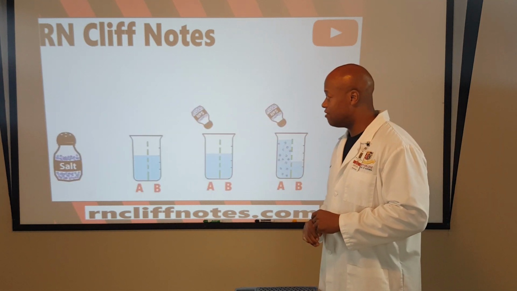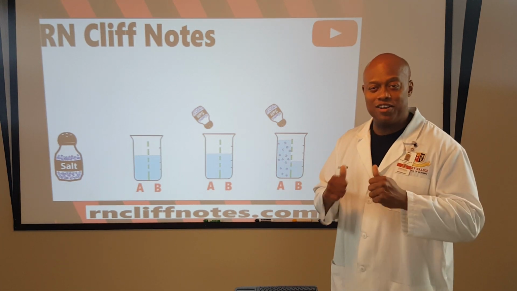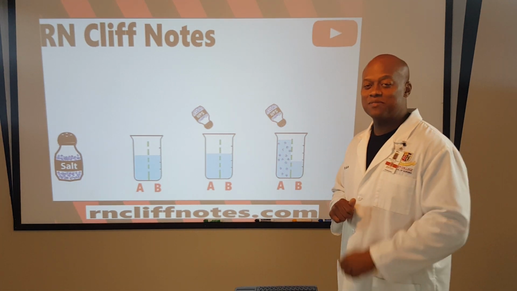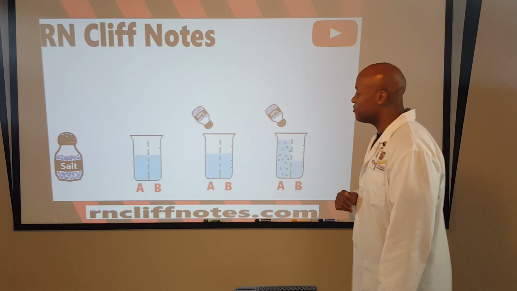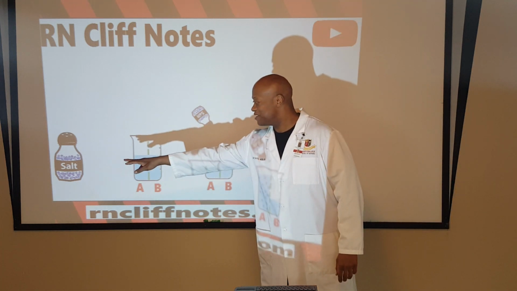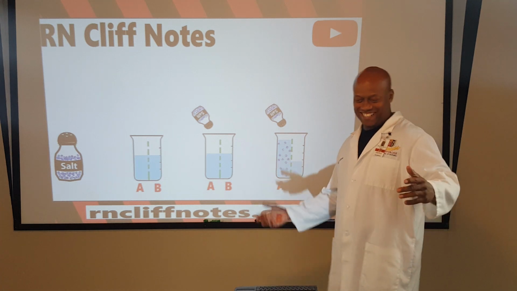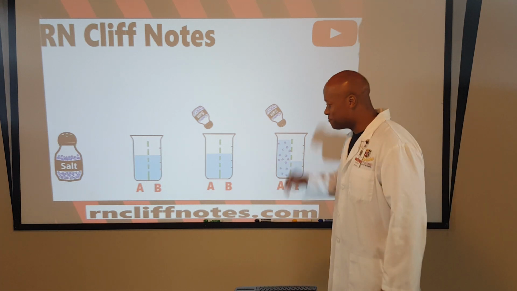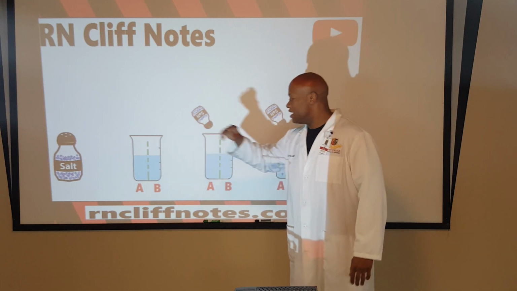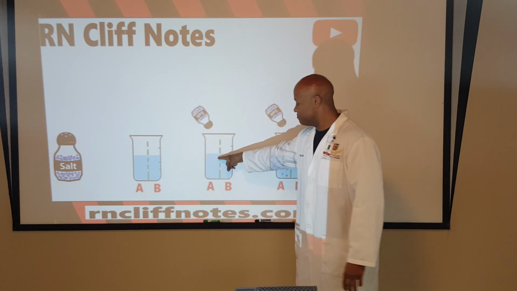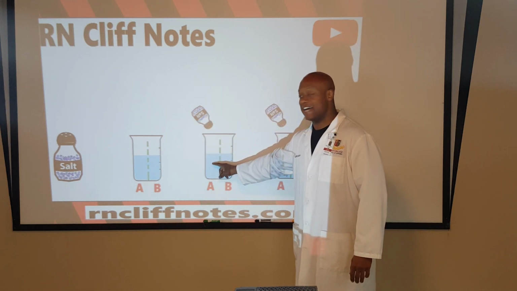So now, here's my little drawing of what's going on when it comes to osmosis. We've got our salt over here. We're on a salt shaker. Don't ask me why it's blue. We need a different color, you can't have white on white. So anyway, we're going to take the salt and sprinkle that salt to the A side.